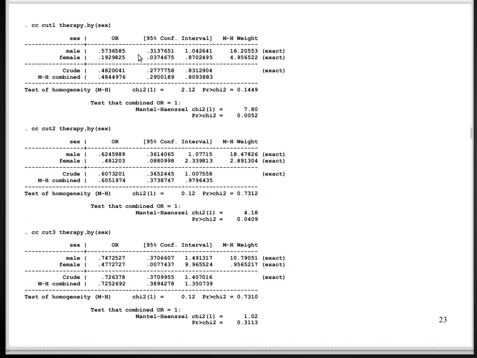What do we get? In the case of the first cut, we get no evidence of modification by gender, but we get some indication of a relationship between the odds of being anything but progression depending on the form of therapy. And this is consistent with what we saw before. And I'll remind you that if we had written this in terms of the odds of doing worse, the analyses would be the same.